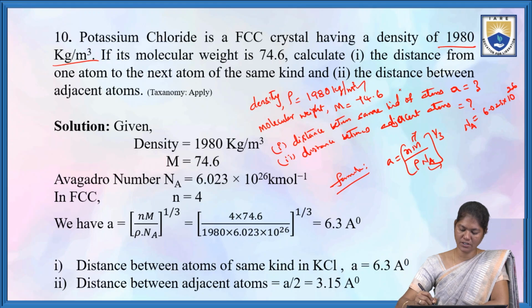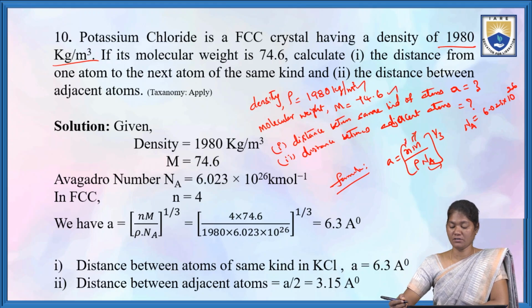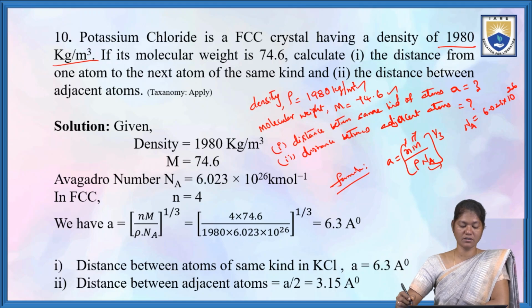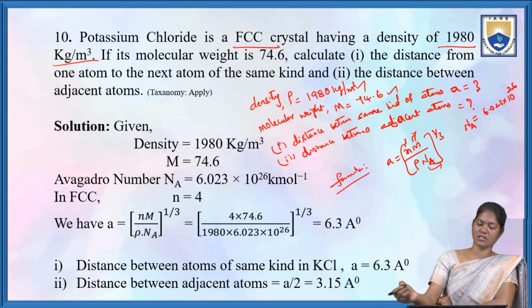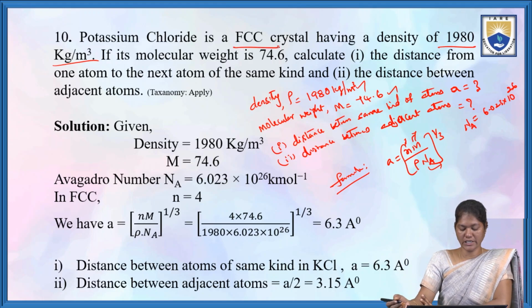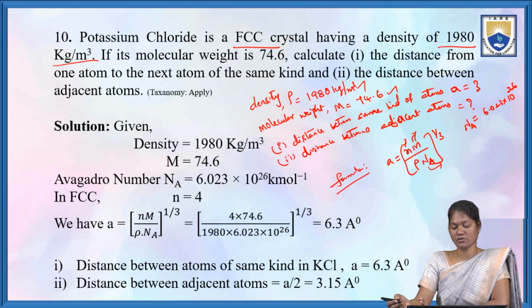The density and molecular weight are given, and n is the number of atoms. They have given a clue, that is FCC structure. In the FCC structure, the number of atoms is 4. That is face-centered cubic crystal.